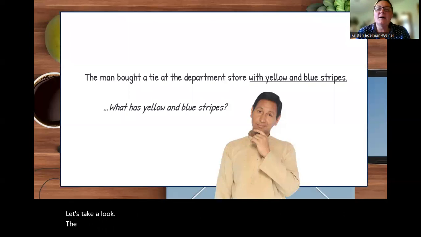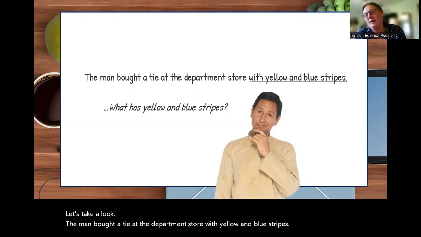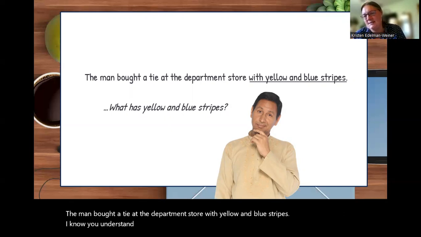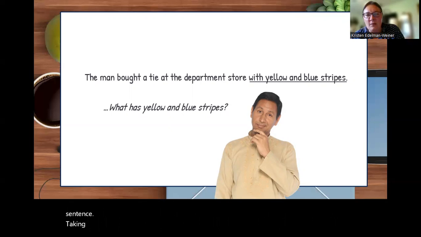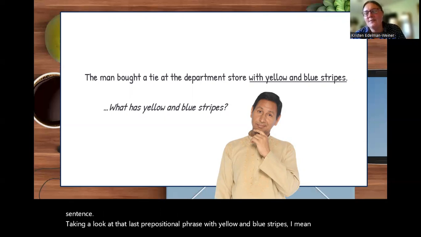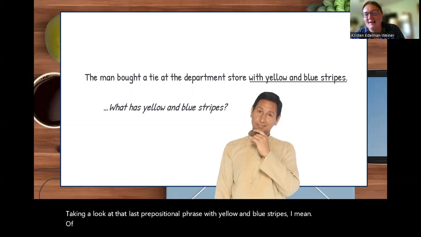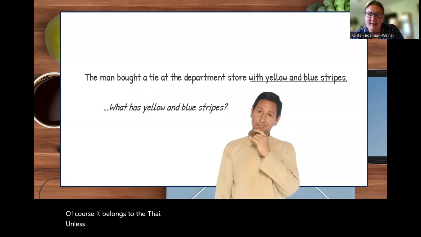The man bought a tie at the department store with yellow and blue stripes. I know. You understand what this means. I understand what this means, but this is still a weird sentence. Taking a look at that last prepositional phrase, with yellow and blue stripes. I mean, of course it belongs to the tie, unless he's referencing IKEA, because IKEA is blue with the yellow stripe, right?